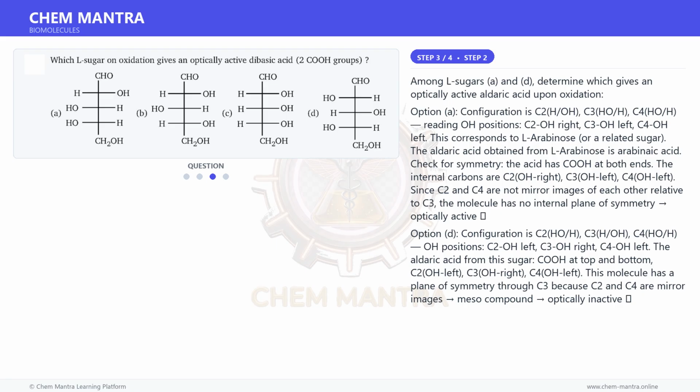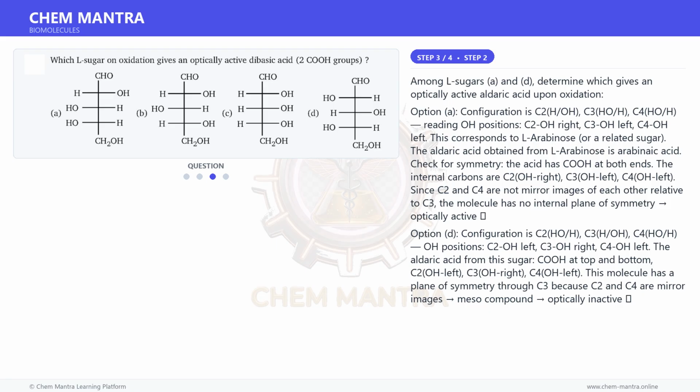Check for symmetry. The acid has COOH at both ends. The internal carbons are C2 OH right, C3 OH left, C4 OH left. Since C2 and C4 are not mirror images of each other relative to C3, the molecule has no internal plane of symmetry, so it is optically active. Option D configuration is C2 OH left, C3 OH right, C4 OH left.